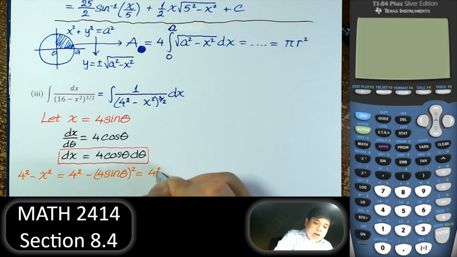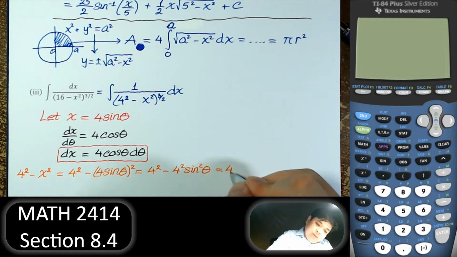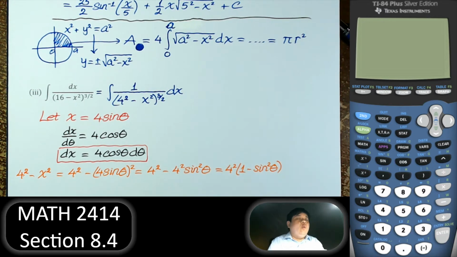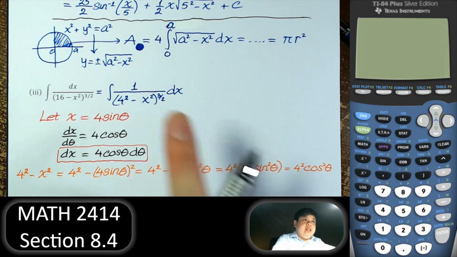So 4 squared minus 4 squared sine squared. Factor out the 4 squared. One minus sine squared is cosine squared. Right, and we substitute that in here.